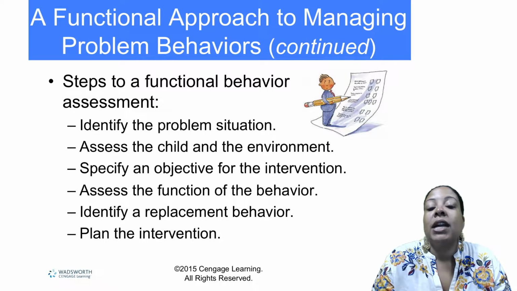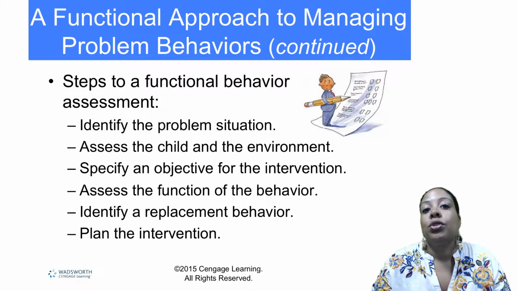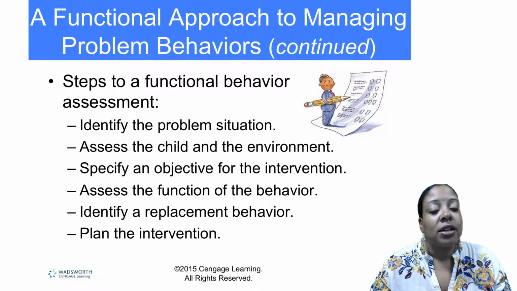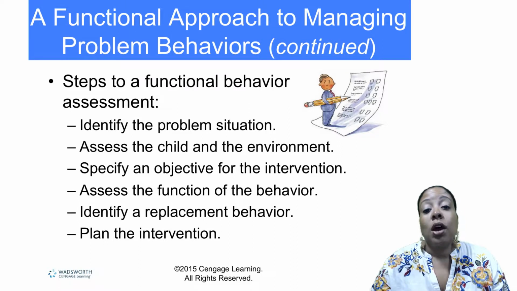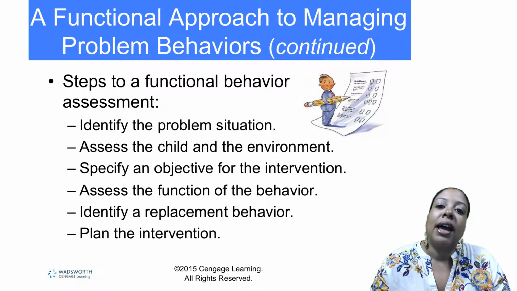Then specify an objective for the intervention. So what is our goal to do or to accomplish? What is it that we want to see the child do? What is it that we need to possibly change in the environment? What is it that we possibly need to address with the caregiver in the situation? And then we address the function of the behavior. We identify a replacement behavior, and then we plan the intervention.